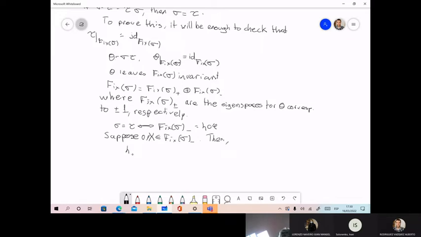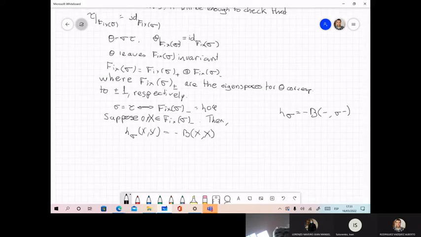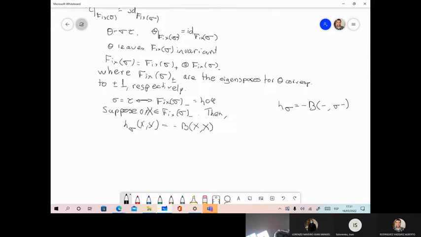I mean, h sigma of x, x, this is just minus the Killing form of x, x, where recall that h sigma is minus B of something, sigma of something. So since x is a fixed point for sigma, we have that this is just minus the Killing form, and thus this is greater than 0.